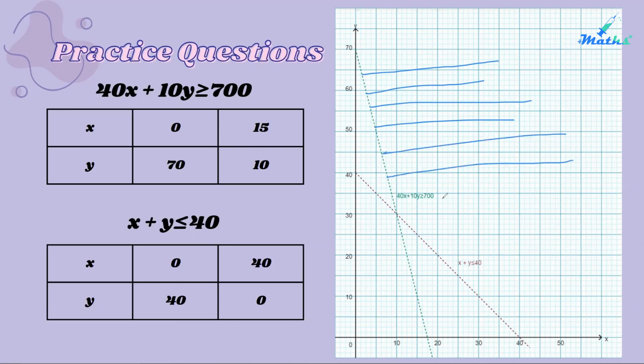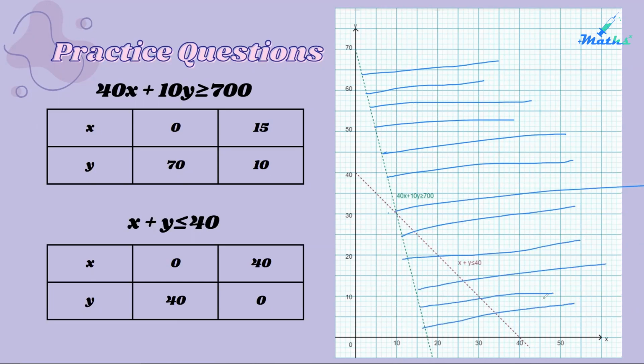So all of it is above. So let me shade. Okay, and x plus y less than or equal to 40. So for the red line it is less than, so we need to use the below here. So I use the pink line to shade this.